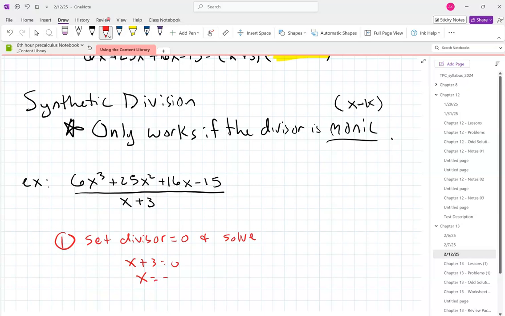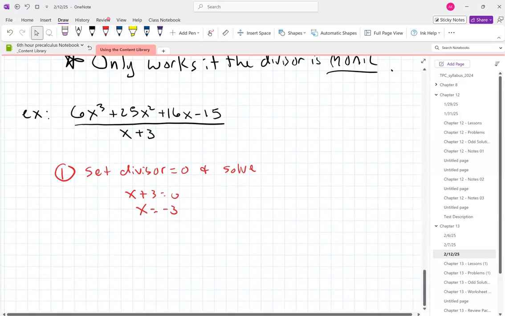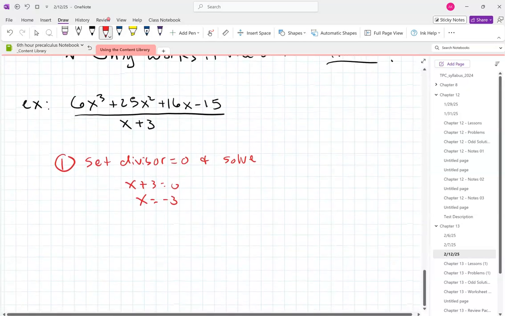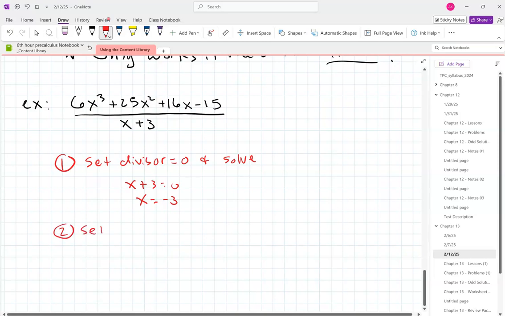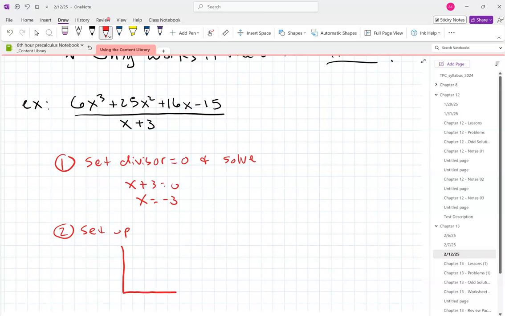So I get -3, right? So the setup for this is I'm going to have my synthetic division bar. The solution to the divisor set equal to 0 is going to be right there.